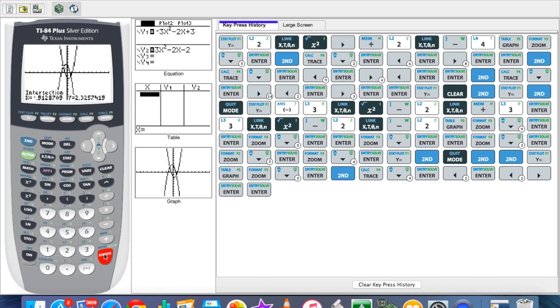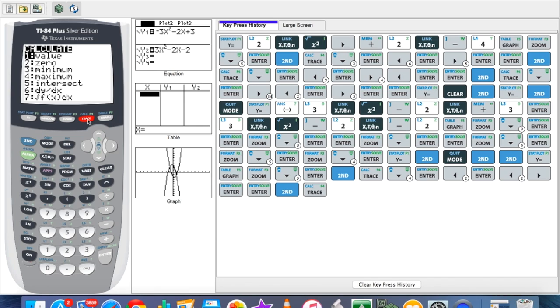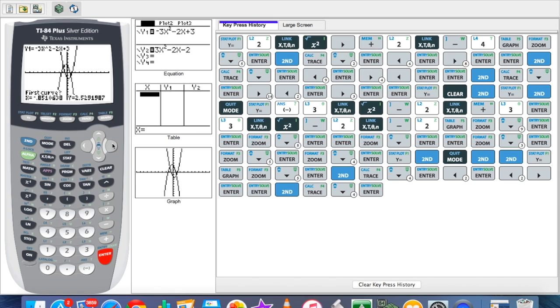The other intersection point, we have to do the same thing, but we want to go closer to that point now. So second trace. Again, we go into intersect. We press enter. It's going to say curve 1. We now go to the other side of the parabola, close to the second intersection point. We press enter.